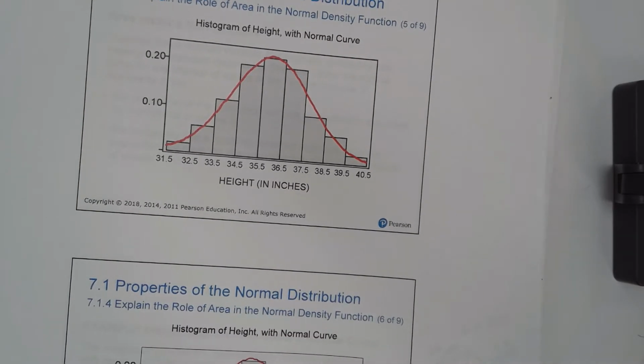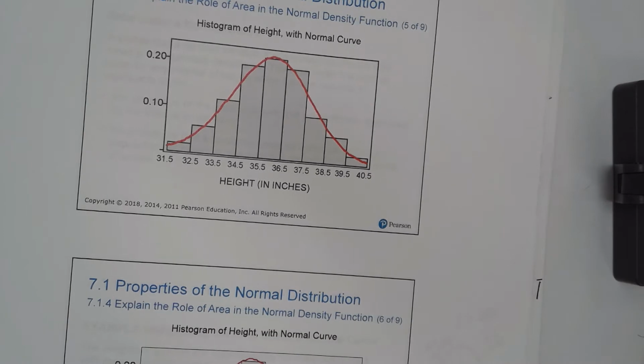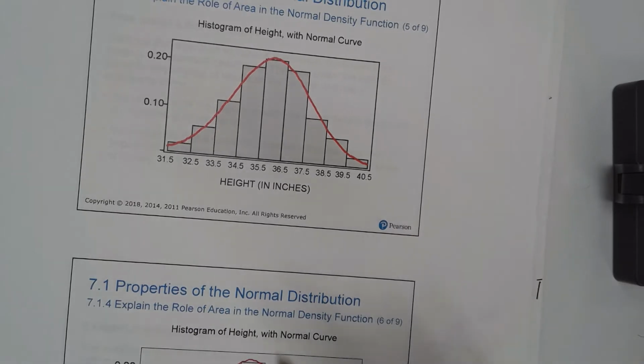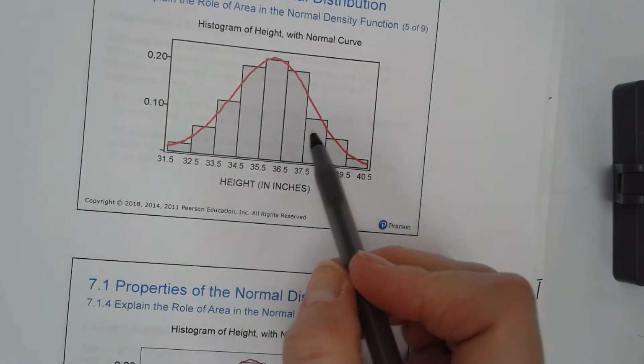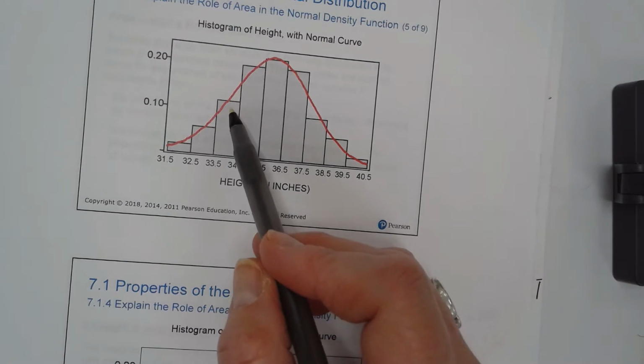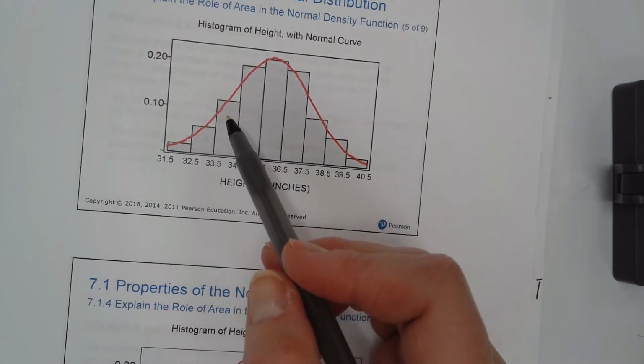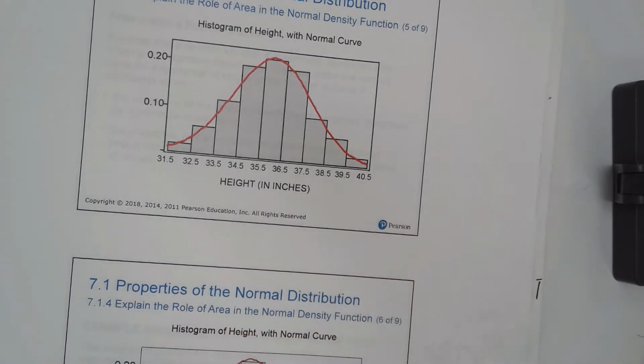So is it perfectly bell shaped? No, but the way we say that is that it's approximately bell shaped. If you can draw a curve over that, like this one is a little bit shorter than that one, so it's not perfectly bell shaped, but it is approximately bell shaped.